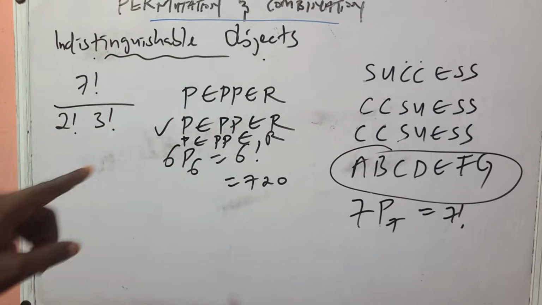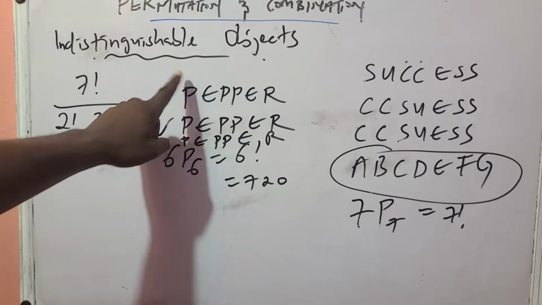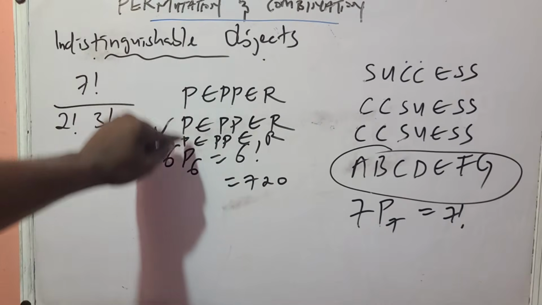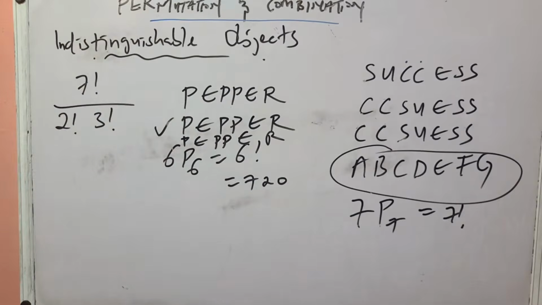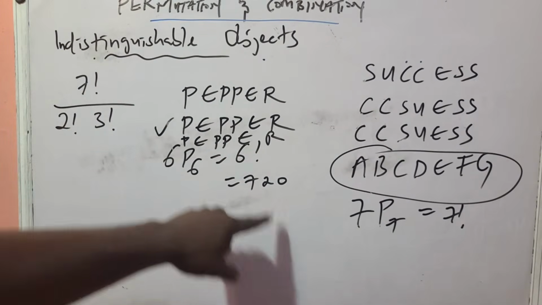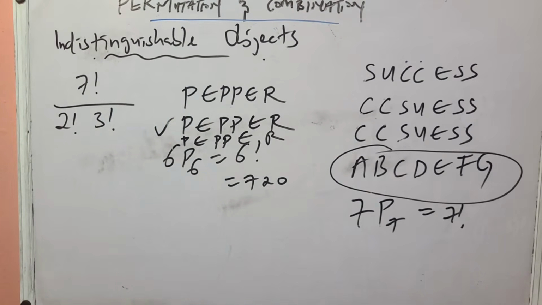Can you see that you'll be counting this arrangement for just this changing P as the first object? I can count 3 different ones, which is still the same arrangement. All these are embedded inside this 720. That's overcounting, because this is all just one arrangement.